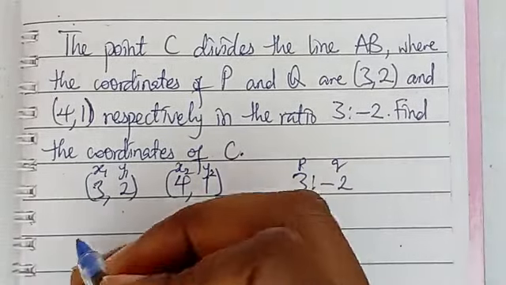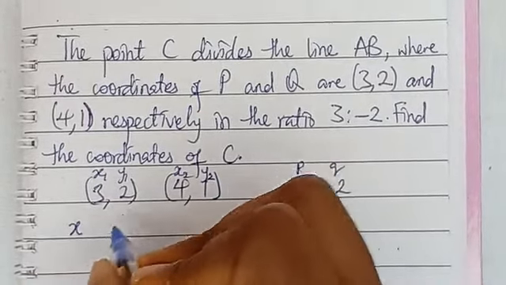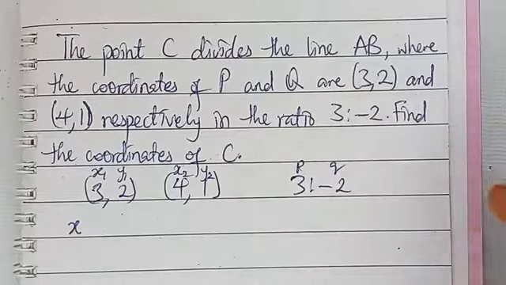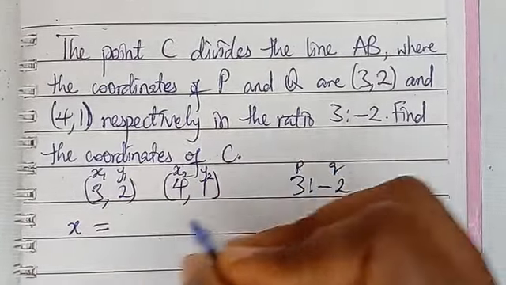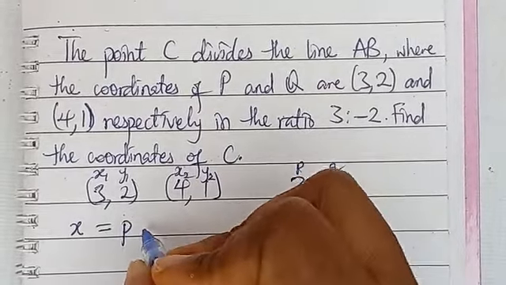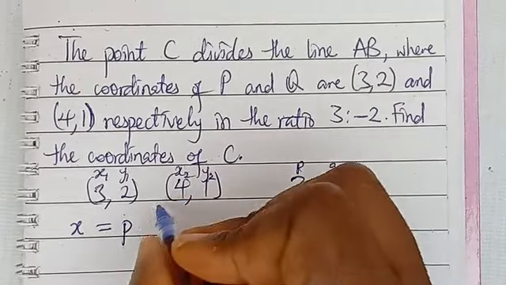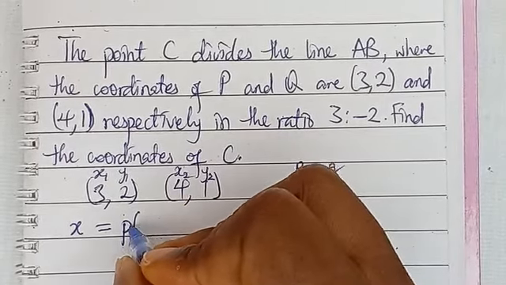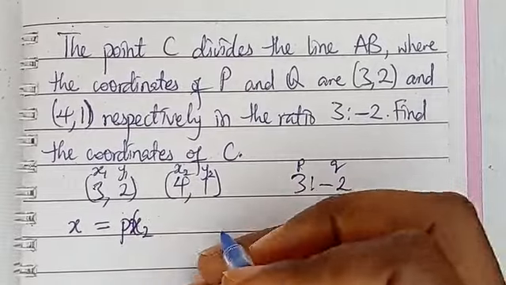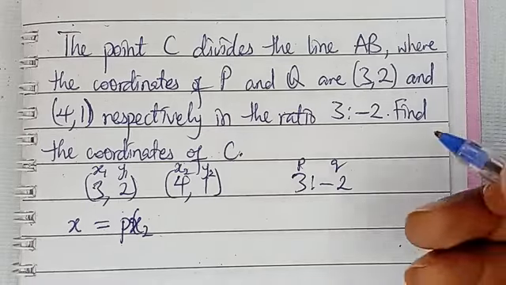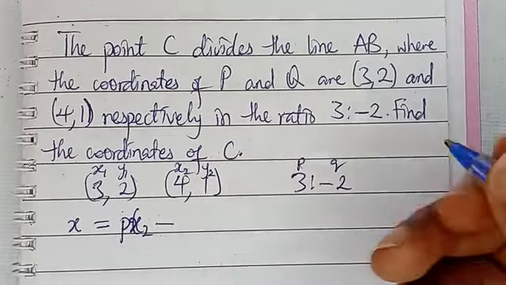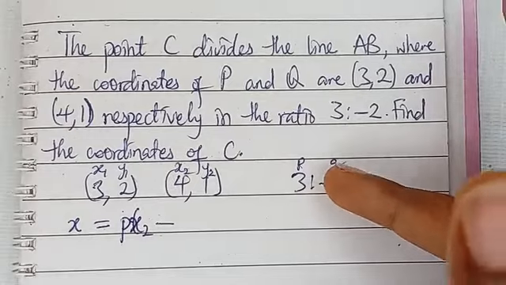Okay, then we now say that the x coordinate for that particular point that divides this line into this ratio is equal to the first ratio, that is P, multiplied by the second value for x, P x2, and then since it's an external division, we have negative instead of positive because of this.